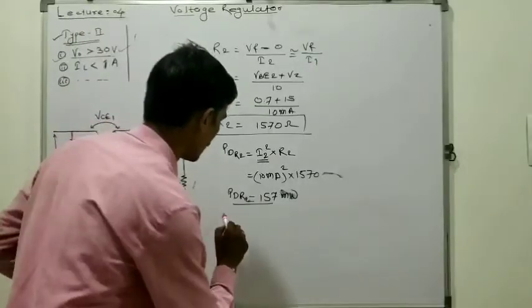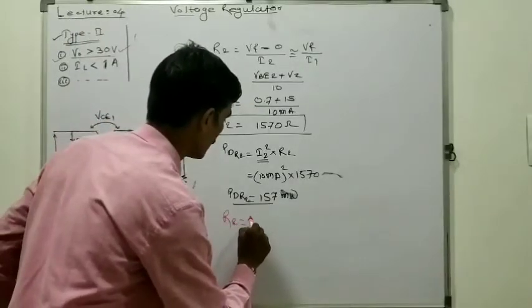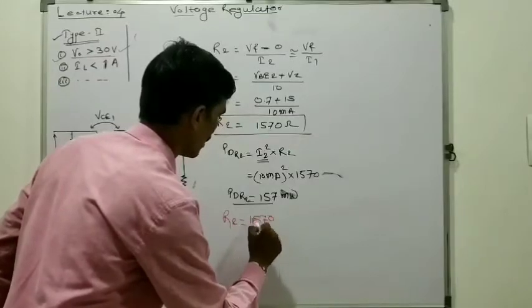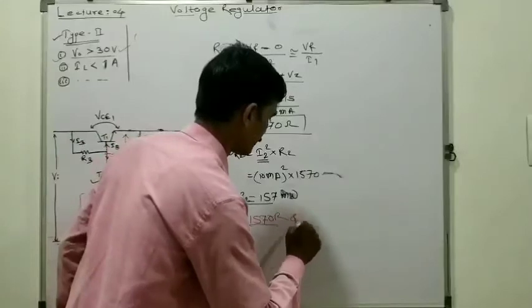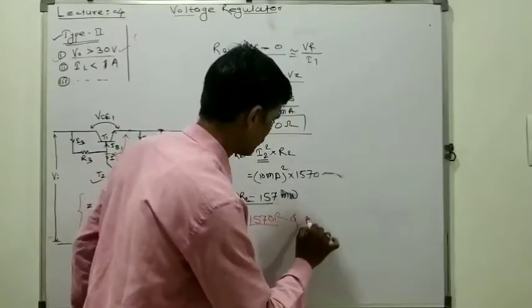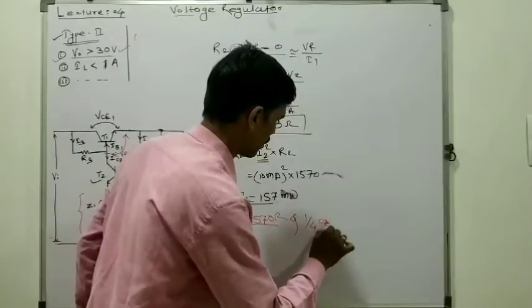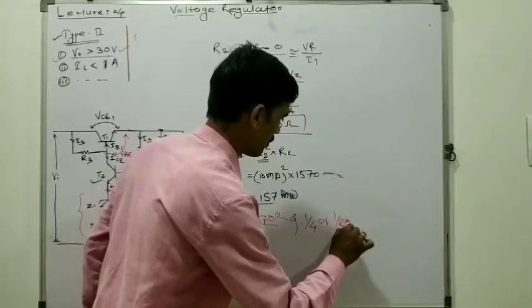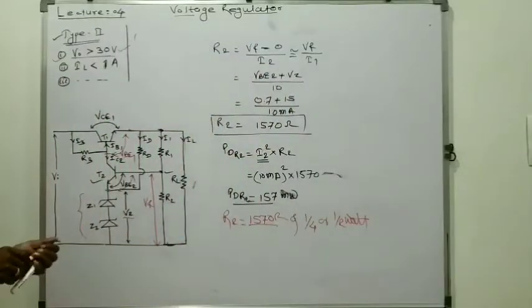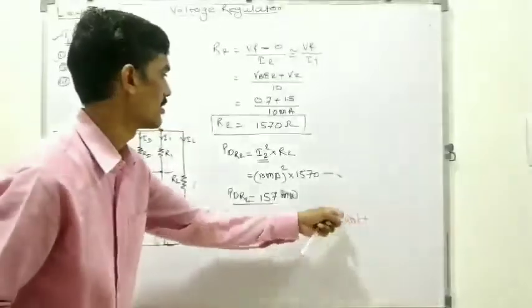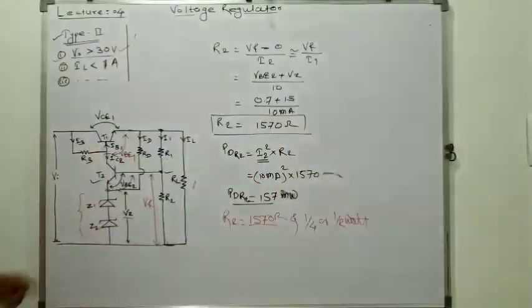So select R2 with a value near to 1570 ohm, and a power rating of 1/4 or half watt. Whatever power rating is available, that we have to select. So select resistance R2 with this value.